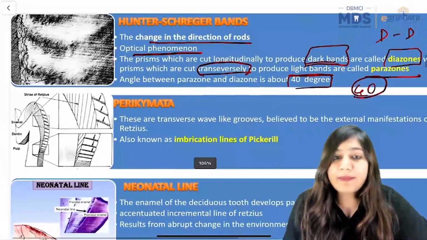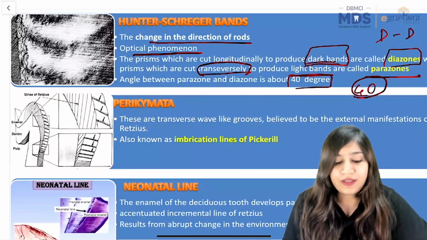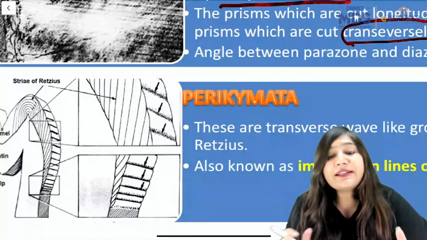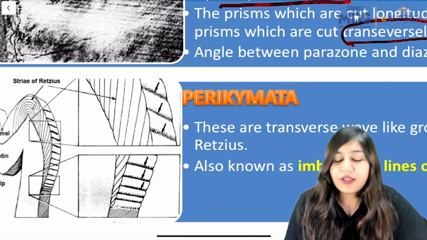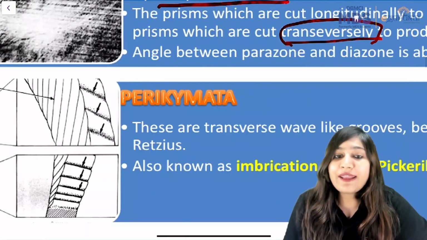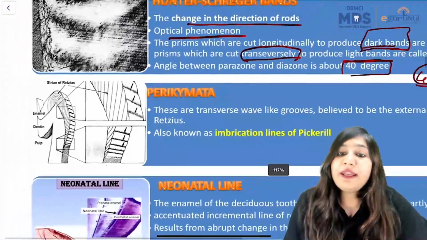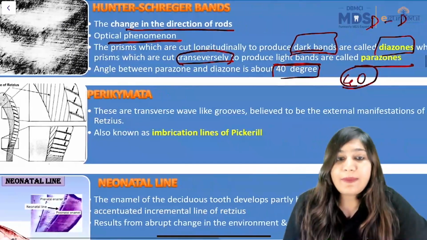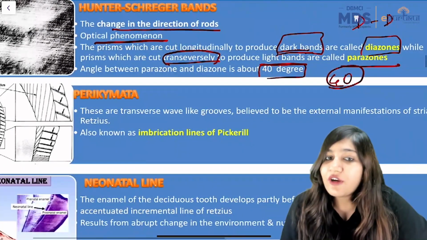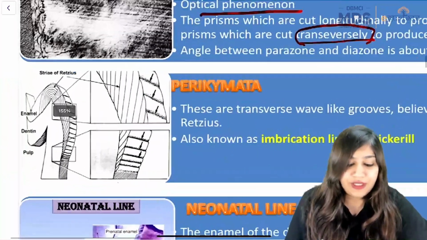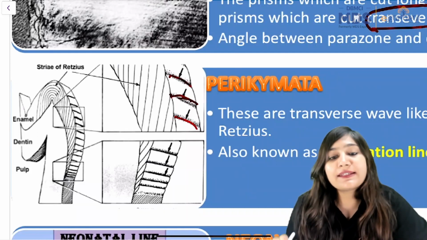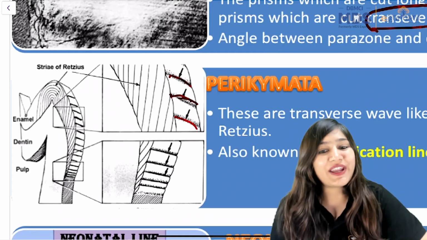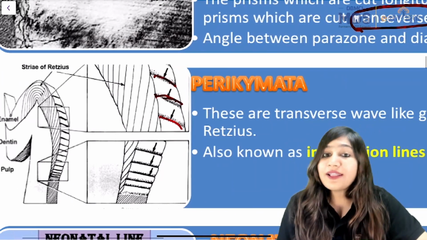Coming to perikymata. What is perikymata? It is mainly external manifestation of striae of Retzius. It is a surface structure. They are transverse wave-like grooves, believed to be the external manifestation of striae of Retzius. What are they known as?